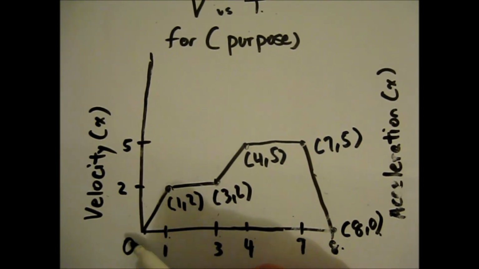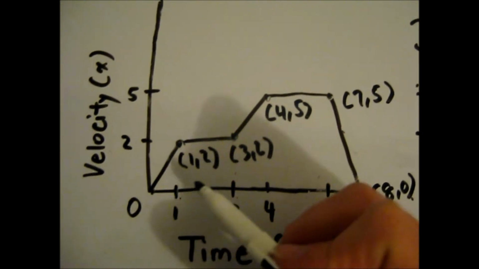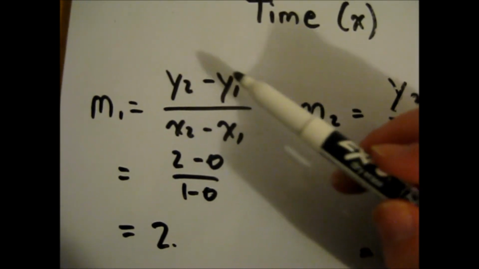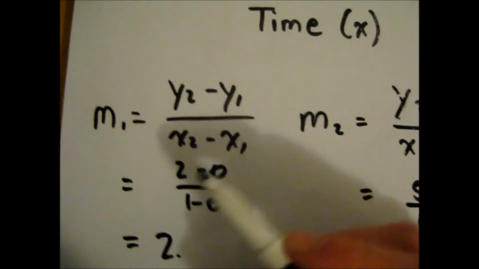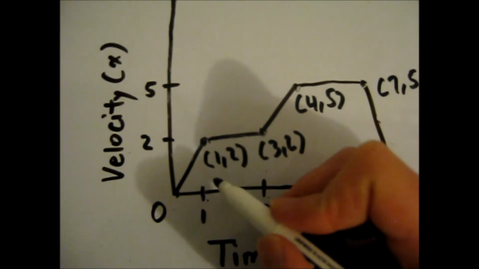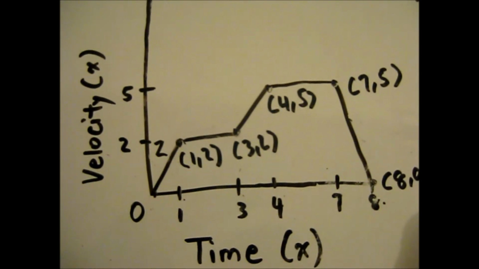Now, in order to find the slope of 0 second to 1 second, we're going to need these 2 points. So we use the slope formula, y2 minus y1 over x2 minus x1, and that gives you the slope of 2. So that means from 0 second to 1 second, you get a slope of 2.